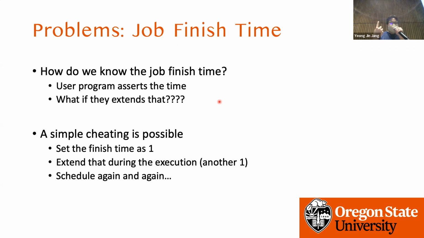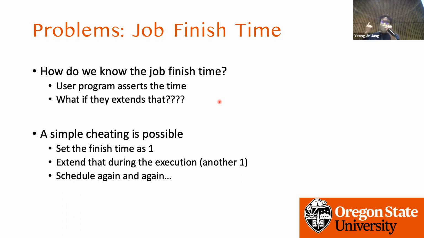Then think about some cases. If I want to be scheduled first every time, what I can do is set my job finish time as 1. And then right before my execution finishes, I request the operating system that I need one more time slot. And my job time will be 1 again.